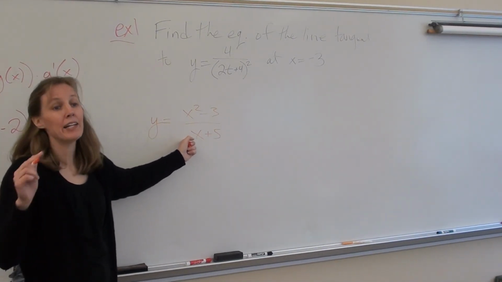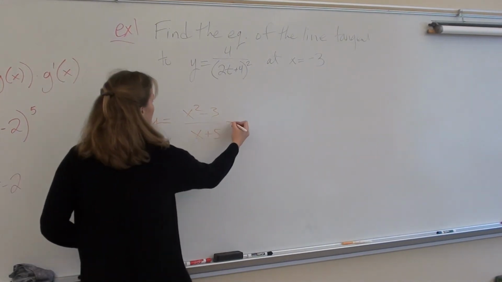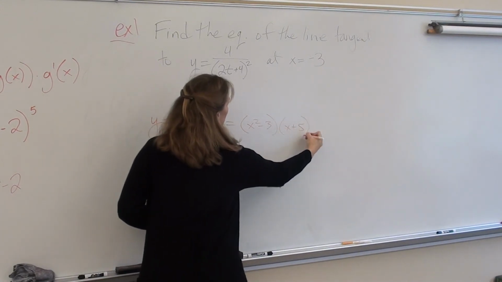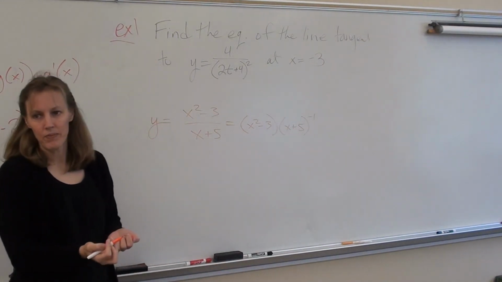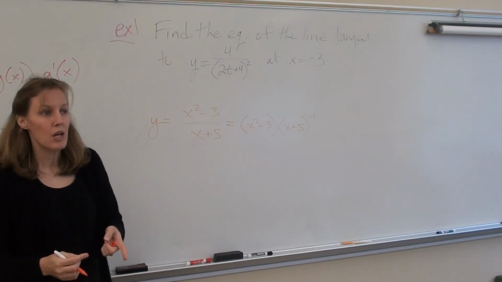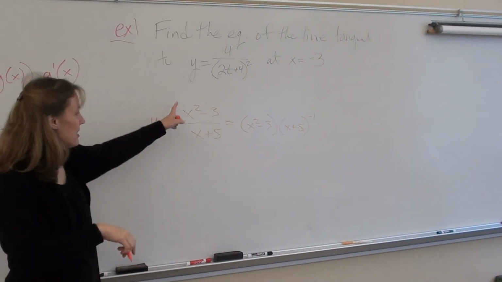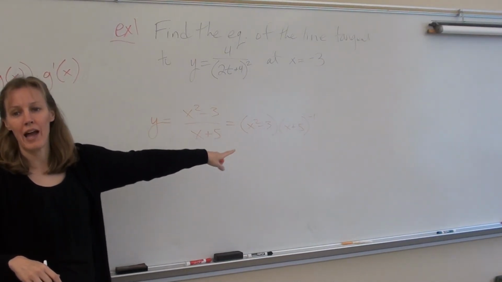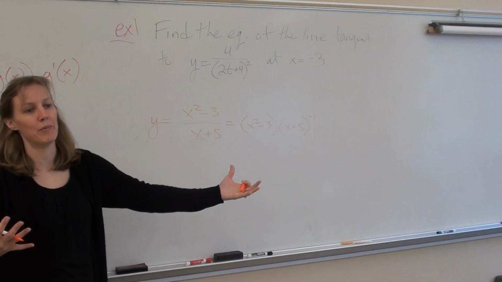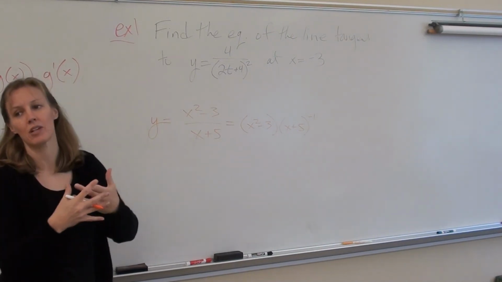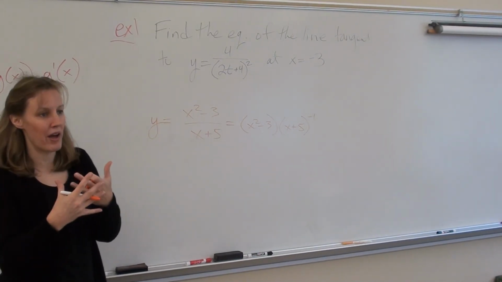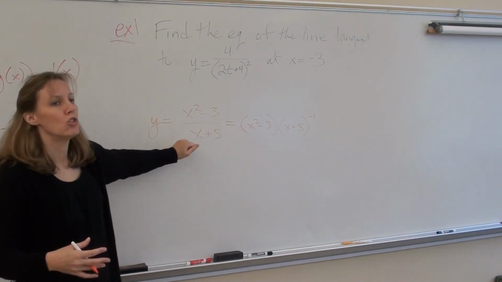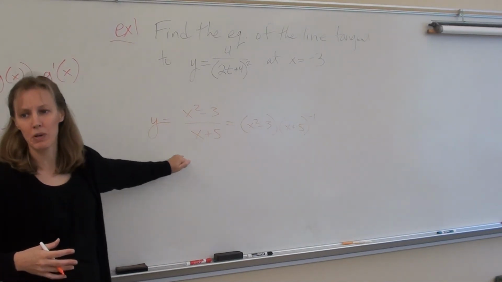I know that you can rewrite this like this and do product rule, and you may think that's easier. Product rule is not easier. It may be easier to do the actual derivative, but then you're going to have two separate denominators, you'll have to find an LCD and combine, and the simplifying really gets you. So when you have variables over variables, don't switch to product rule. Keep it as a quotient rule.